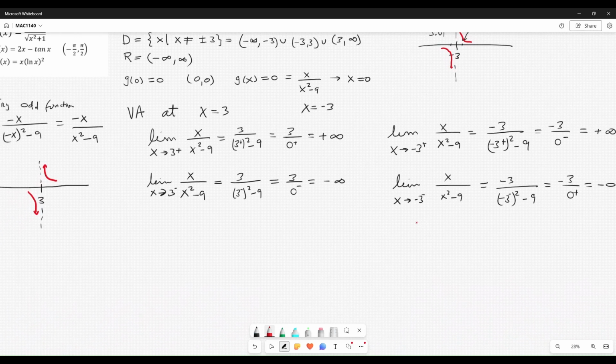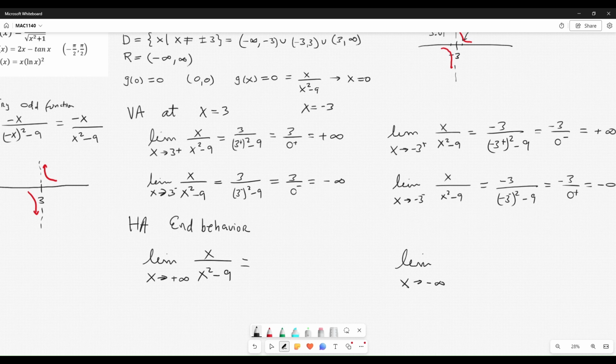Now let's see the horizontal. Horizontal asymptote is the end behavior. End behavior means the limit when x approaches positive infinity of the function x over x squared minus 9. And why not the limit when x approaches minus infinity of x over x squared minus 9.